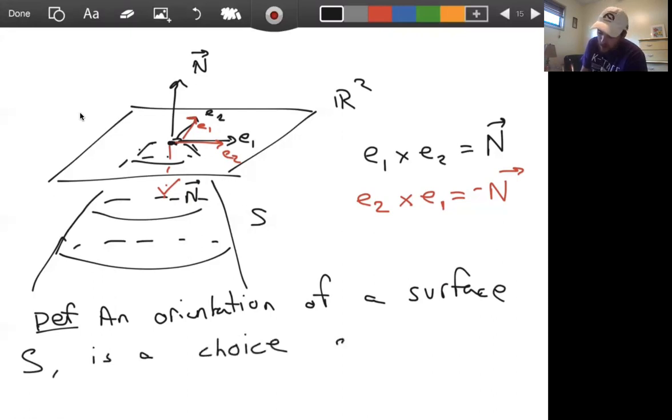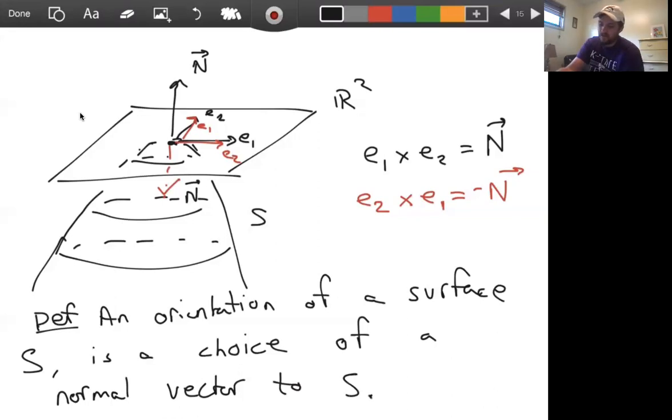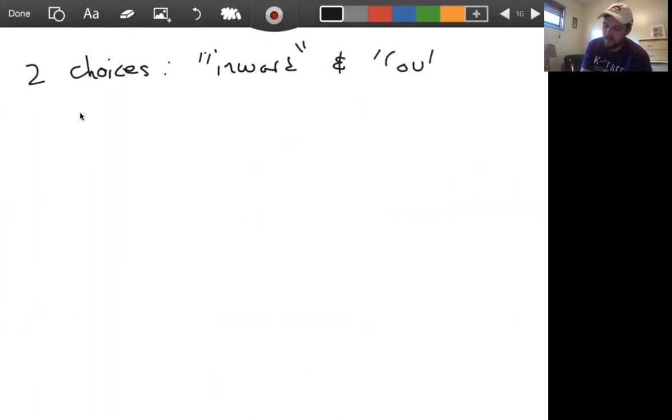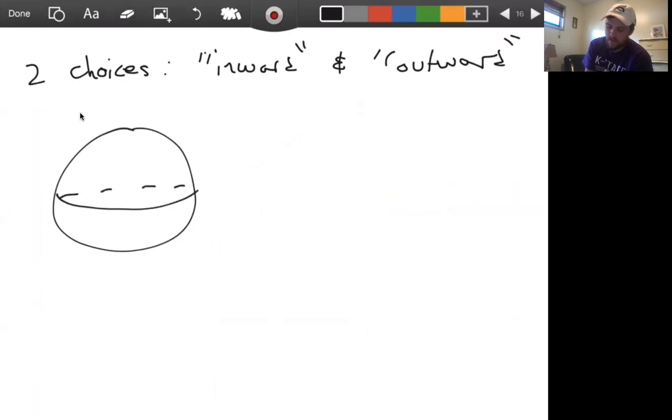It's a choice of a normal vector to S. And so, for example, we usually think about these choices, the two choices, as inward and outward. So one orientation of the sphere, the outward normal vector, would be like a porcupine, like a hairy ball.